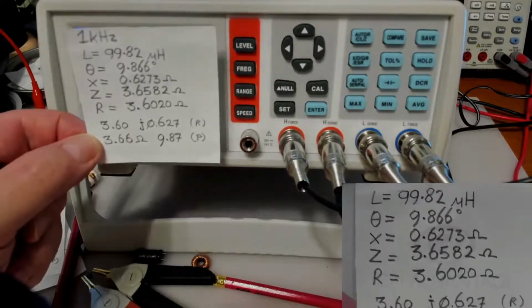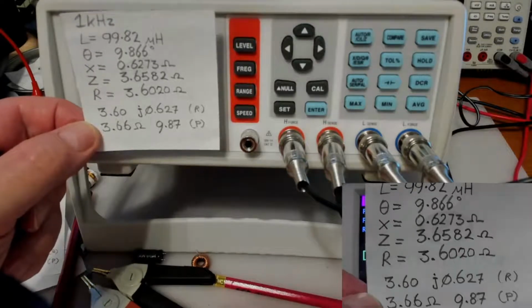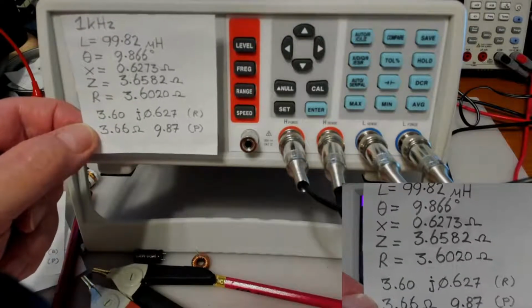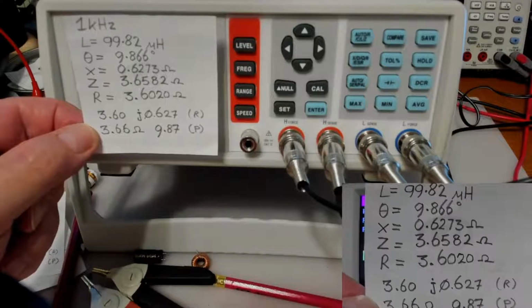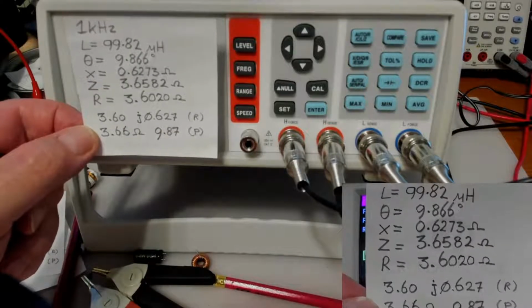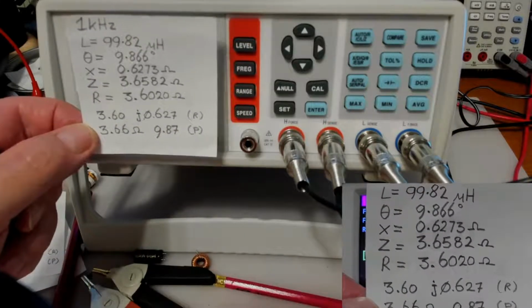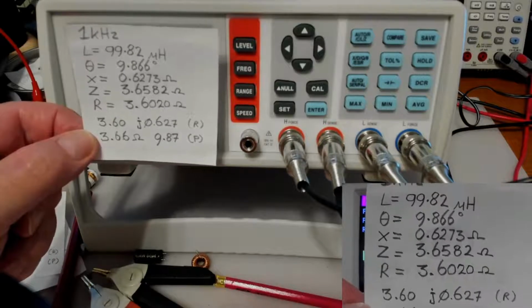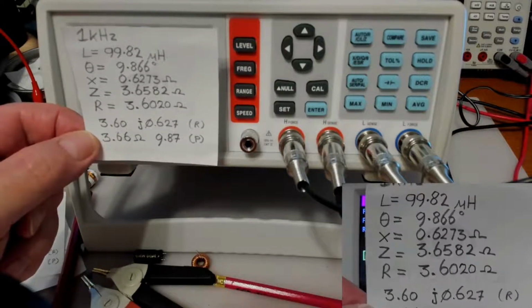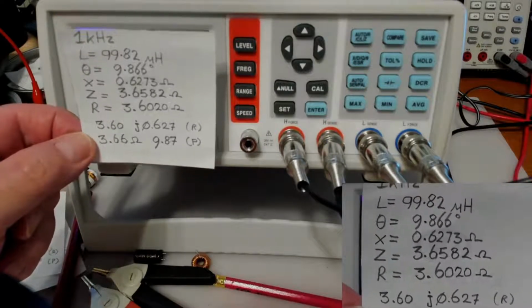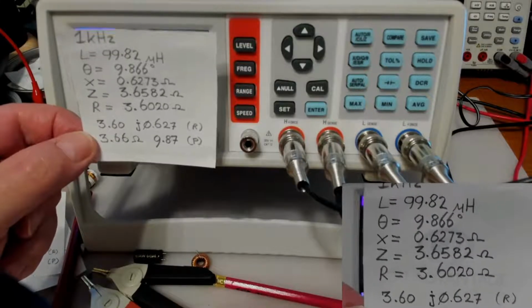So that's kind of how it works. You see, that's when you get a small phase angle, and the impedance is not much larger than the actual resistance of the wire in the coil, basically, because that's what the DCR mode measures.